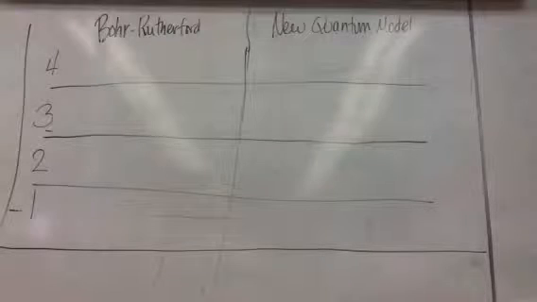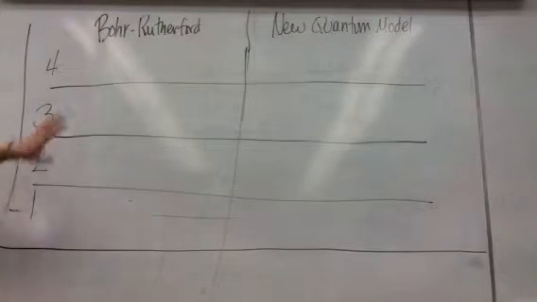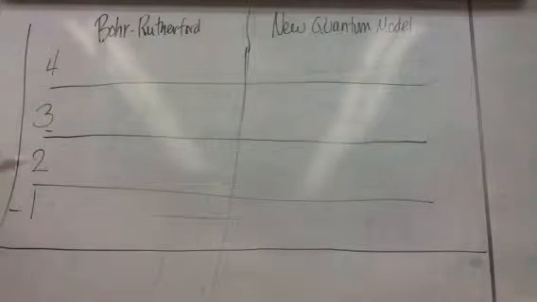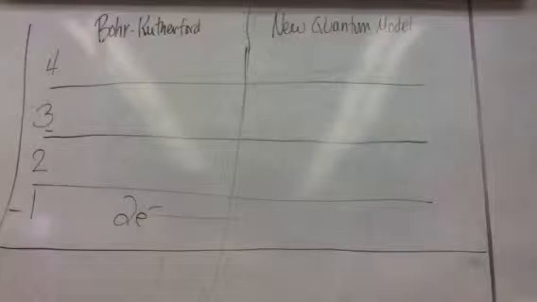So let's do a quick comparison of what we know and what we can say about the Bohr-Rutherford and the new quantum model. Under the old Bohr-Rutherford model, the first main energy level holds how many electrons? 2. That's all the information we have.